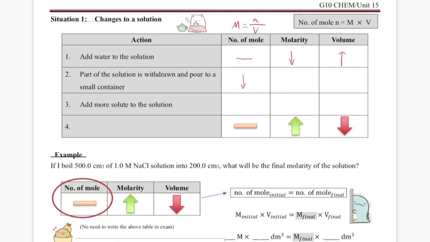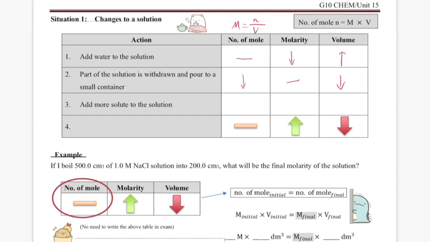And because we're only taking a small portion, the total volume of the solution that we are taking away also decreased. Since the number of moles has decreased and the total volume has decreased, there should be no change to the molarity, so the molarity should remain the same.